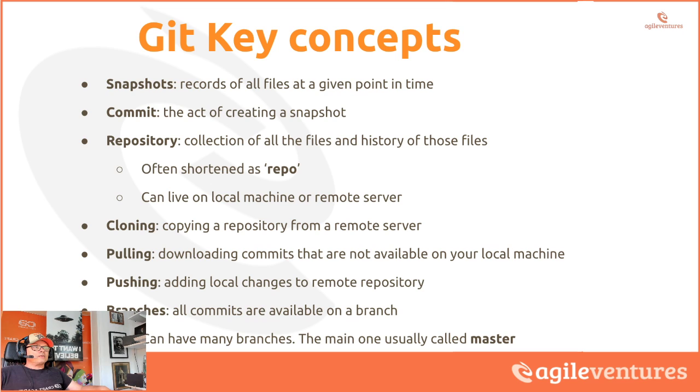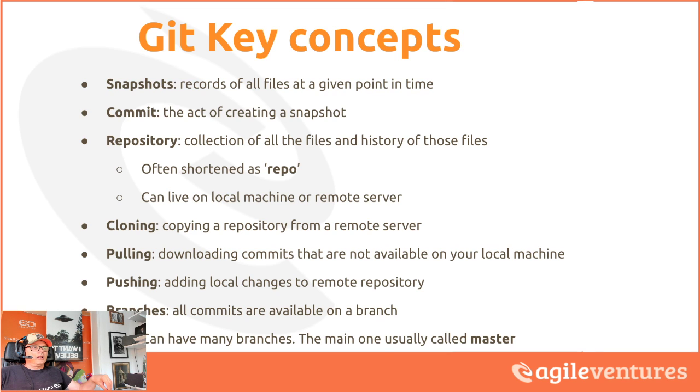And for that, the concept of pulling and pushing comes into play. Pulling is the act of downloading commits that are available on a remote server, but not yet on your local clone of the repository. Pushing is the reverse process: you have local changes and the upstream repo, the repository on a remote server, does not have them, so you push them up.